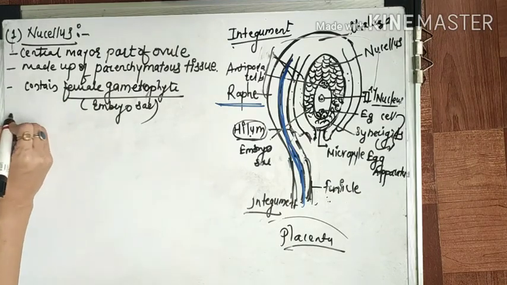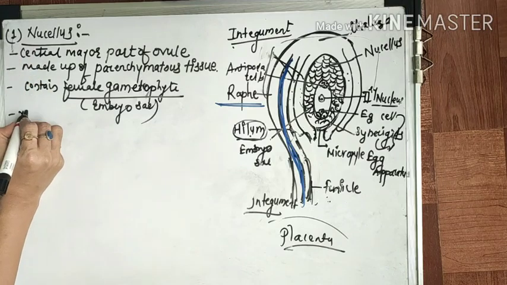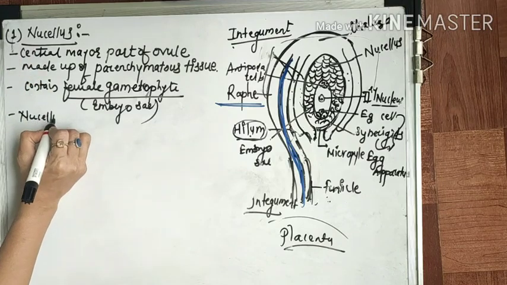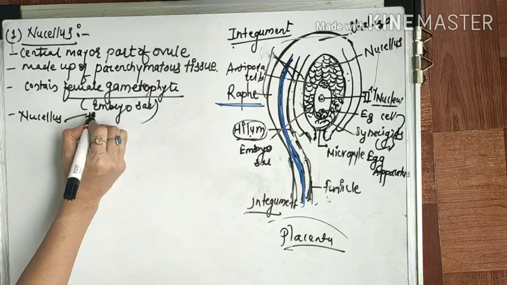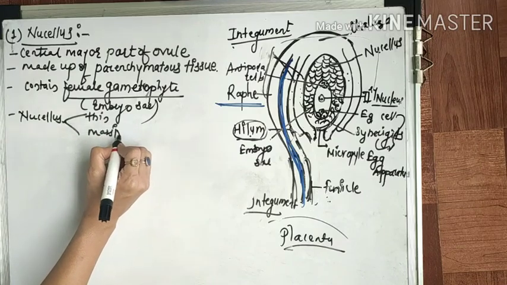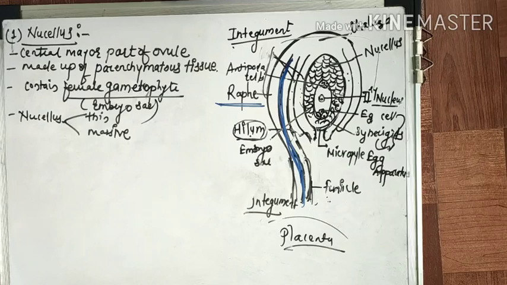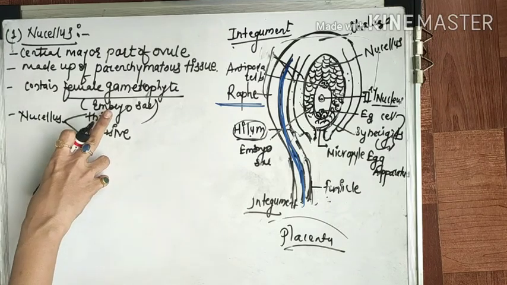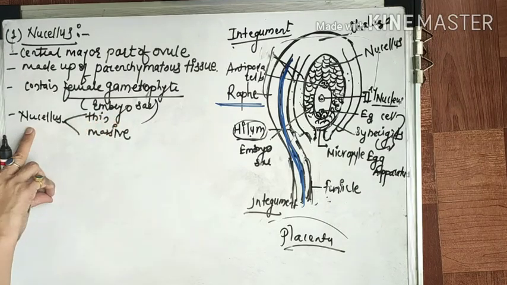Here this nucellus could be thin or massive. It occurs in 2 forms.